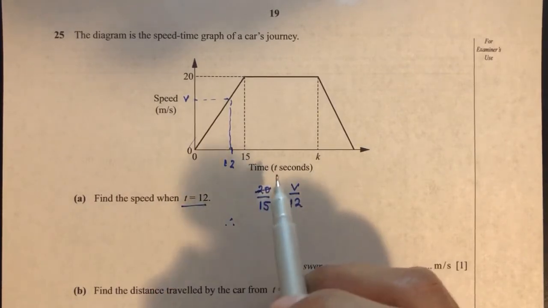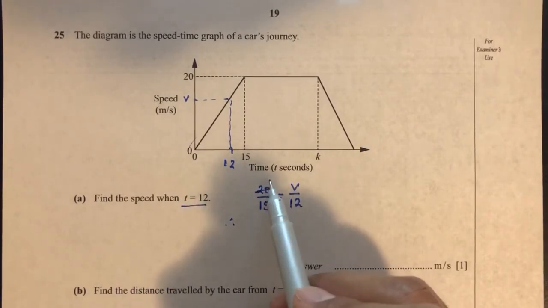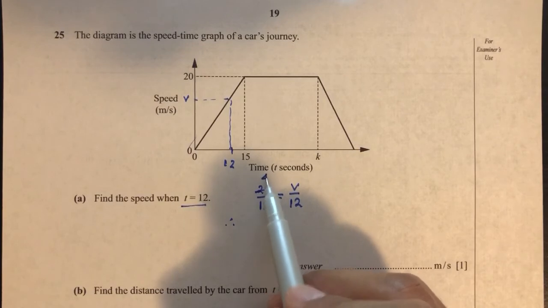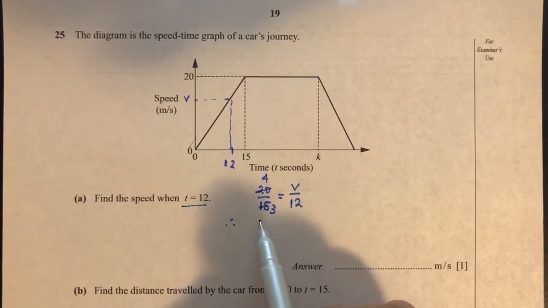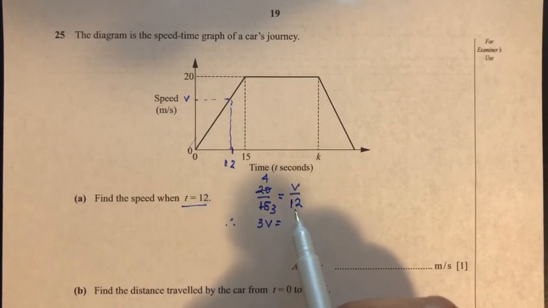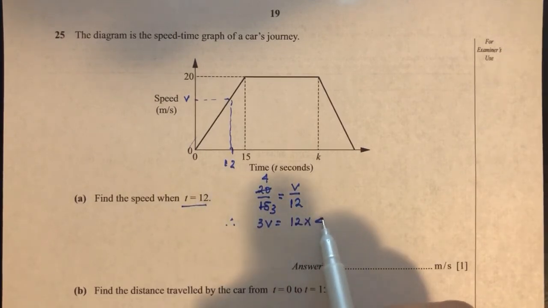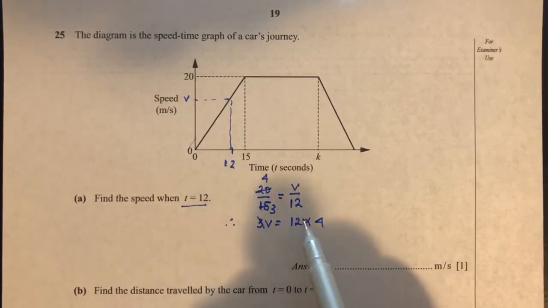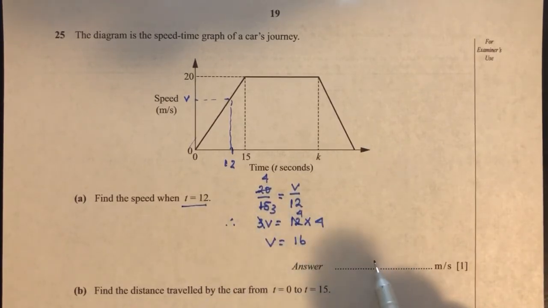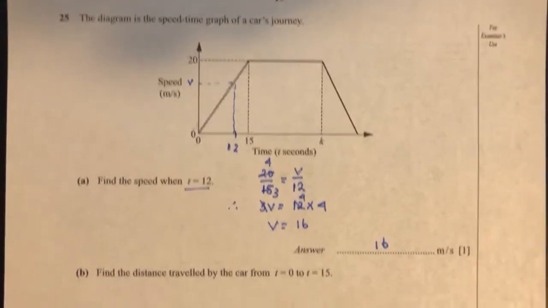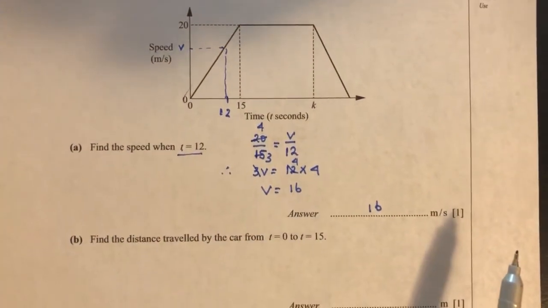Simplify, we have, divide by 5, we have 4 and 3. And we cross multiply, we have 3v equal to 12 times 4. So the value of v will be 16. Speed is 16 meters per second at time equal to 12.